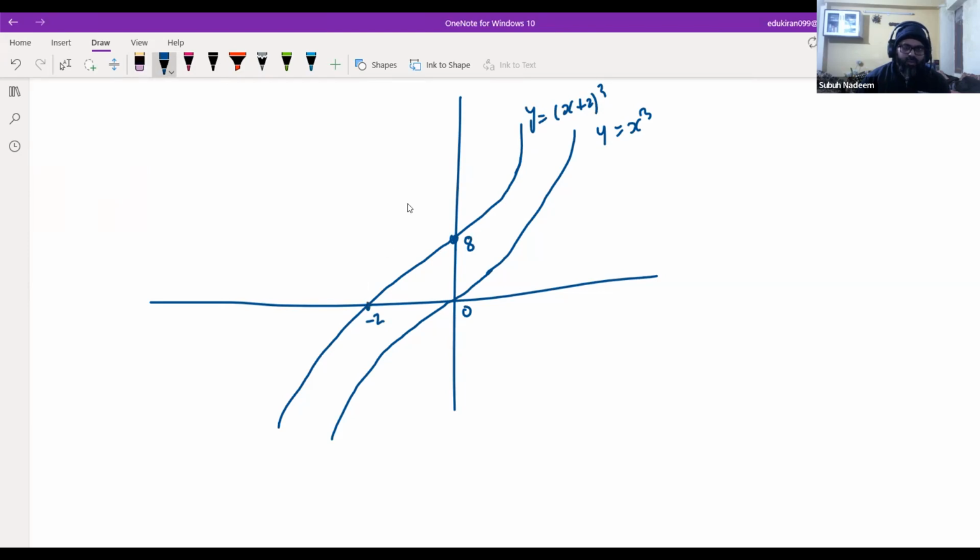Now we come to minus of (x plus 2) whole cube. So when we take minus of (x plus 2) whole cube, we take the reflection about the x-axis. So this would be like this. It is a little bit steeper here.